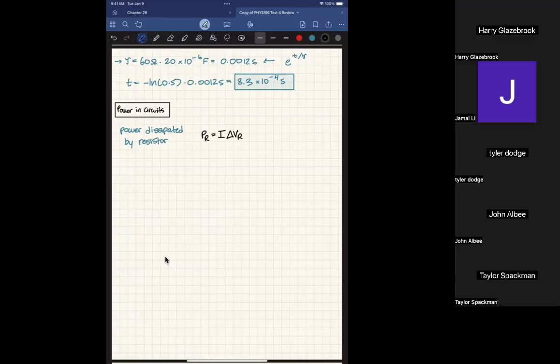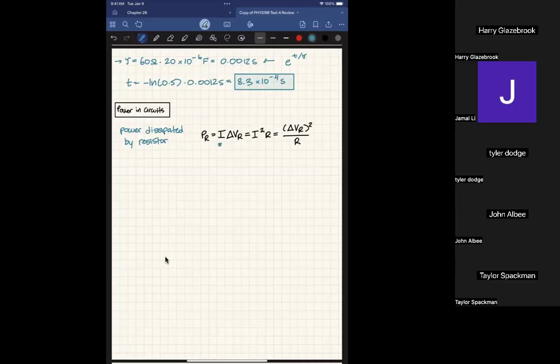Another way of writing it using Ohm's law is it's the current flowing through the resistor squared times the resistance, or even the potential difference across it squared over R. So these are just three different ways of finding the power dissipated by a resistor.